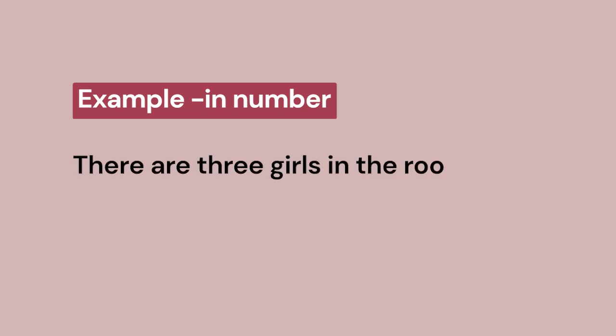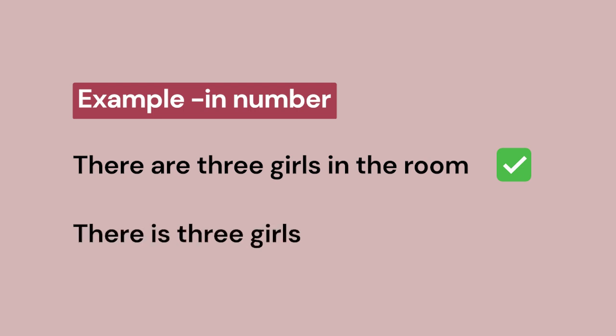Let's look at an example when the finite verb is limited to the subject in number. Example, there are three girls in the room. You cannot say there is three girls. So the verb has been able to agree in number. That is following some of the rules of concord. When you have a singular verb, you have a singular subject.